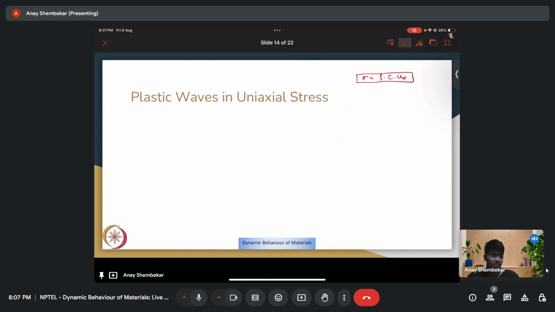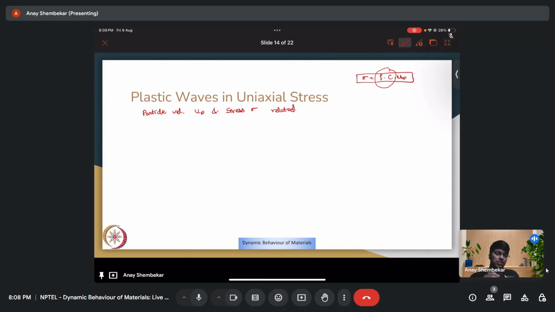Acoustic impedance is defined by rho C. There is a relation between particle velocity UP and stress sigma; they are related to each other.